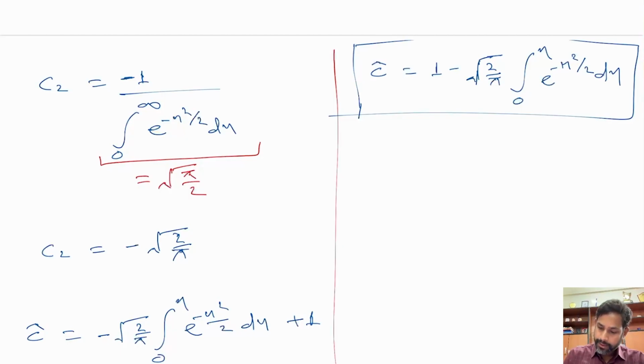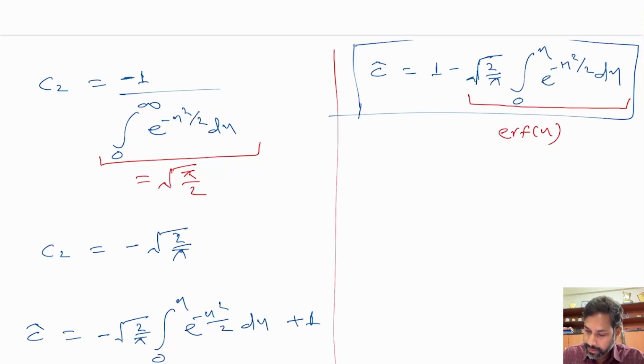Interestingly, this particular form, while it looks like something arbitrary, is actually a known function called the error function, or ERF of eta.